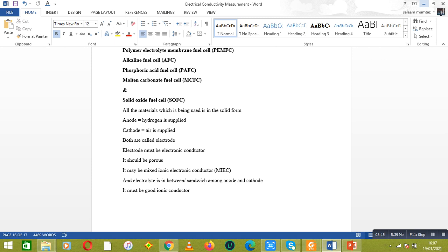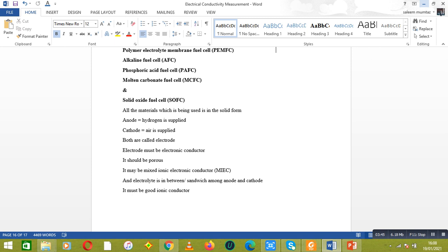Here at the anode side, hydrogen is supplied and oxidation takes place, while at the cathode side air is supplied. And there are some characteristics that should be followed for the selection of anode or cathode material. One of the properties of anode or cathode is that it must be an electronic conductor.